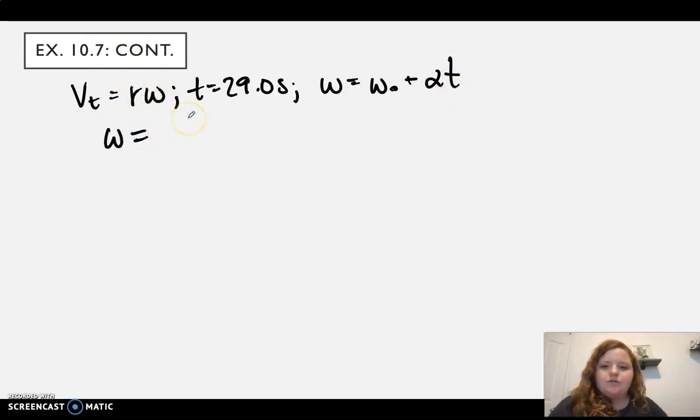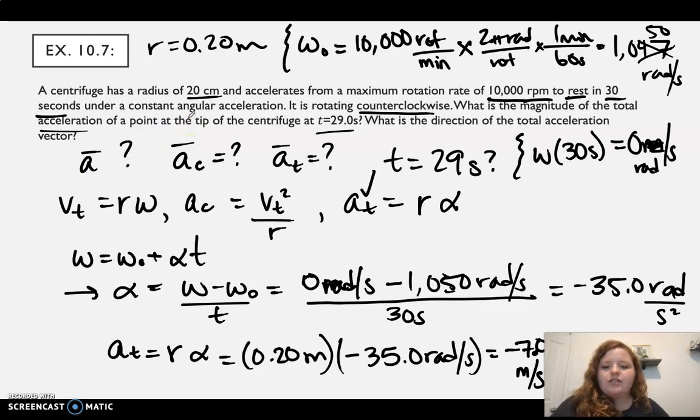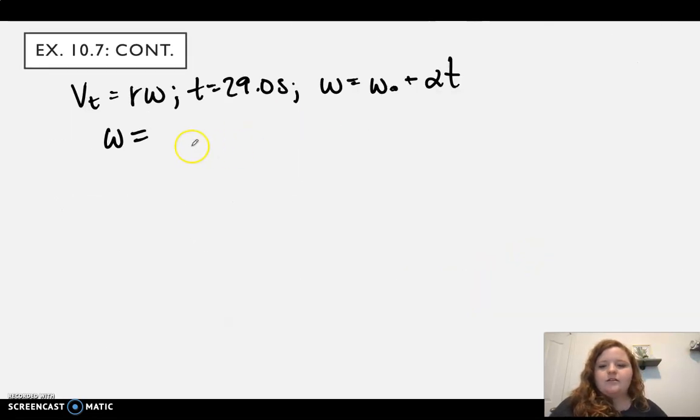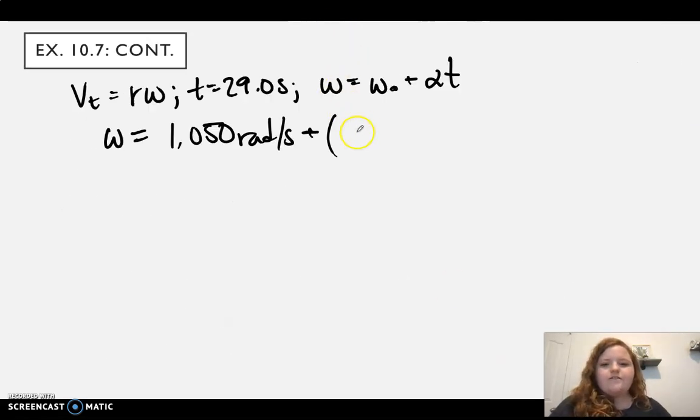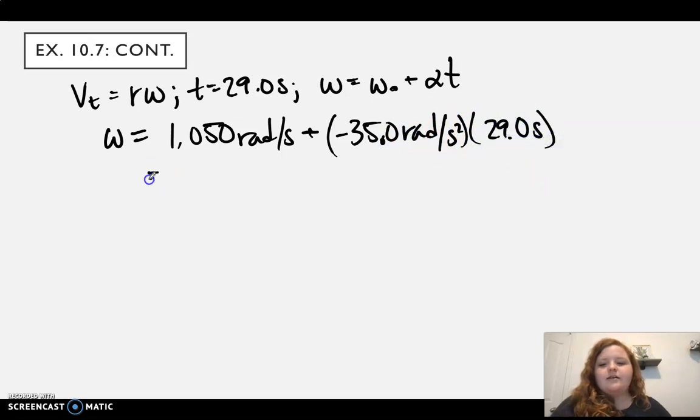Omega is going to be equal to omega naught, which is our 1050 radians per second, plus alpha, which is negative 35 radians per second squared, times our time, which is 29 seconds.